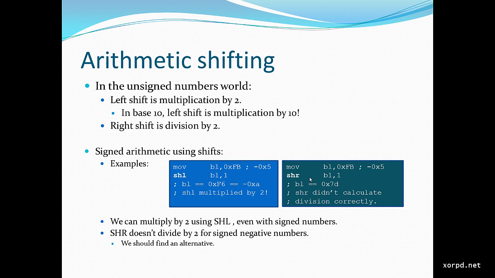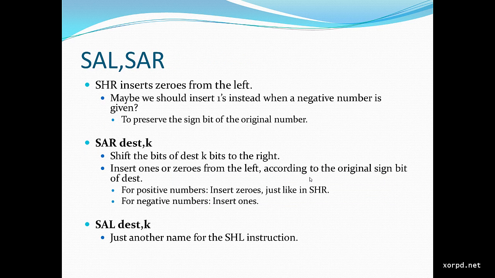We want to be able to shift right negative numbers and somehow still get negative numbers as a result. And as you probably guessed, there are instructions for the signed case, for the case where we work with signed numbers. Just like almost everything in the x86 processor, there is always an alternative for the signed numbers.